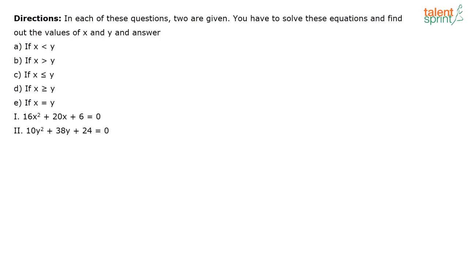Now let us solve the first question here. What do you have here? You have 16x squared plus 20x plus 6 is equal to 0. Next you have 10y squared plus 38y plus 24 is equal to 0. First thing I want you to remember is that whenever you have a quadratic equation, see if you are able to reduce it any further.